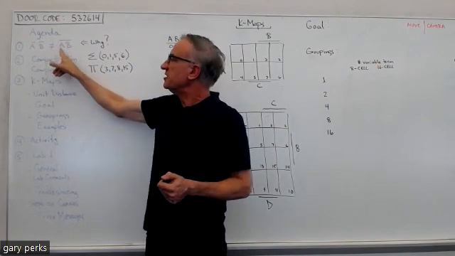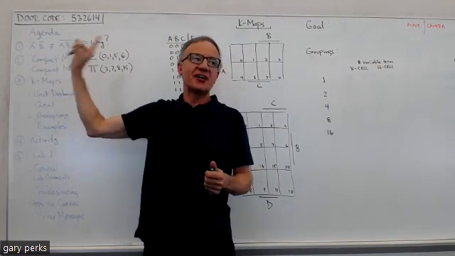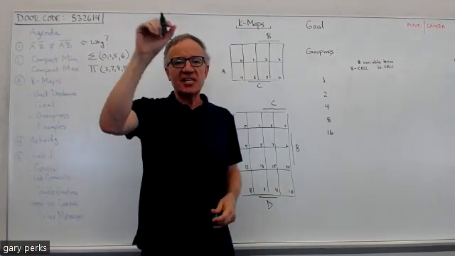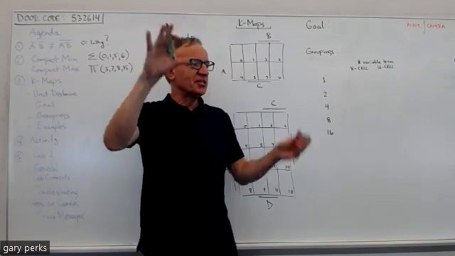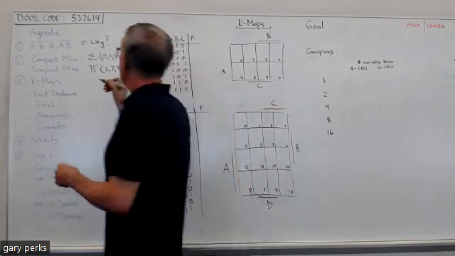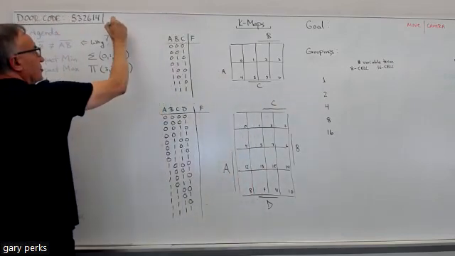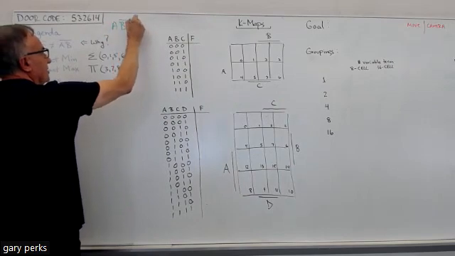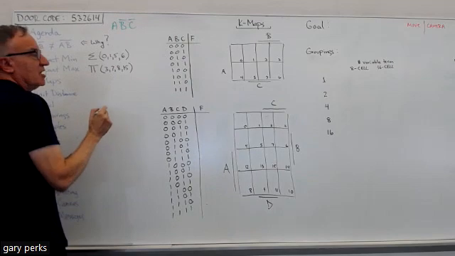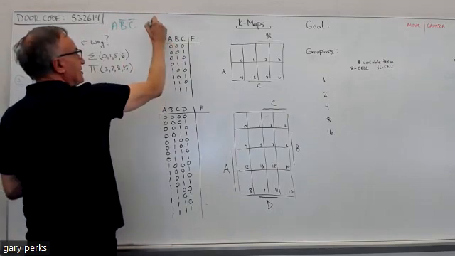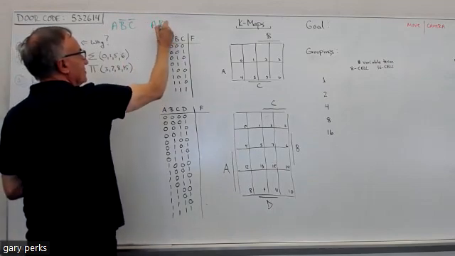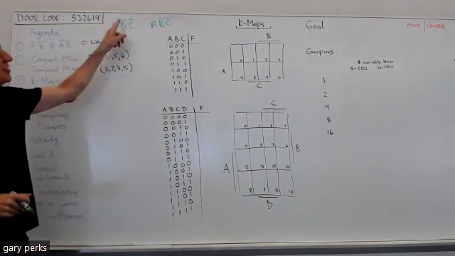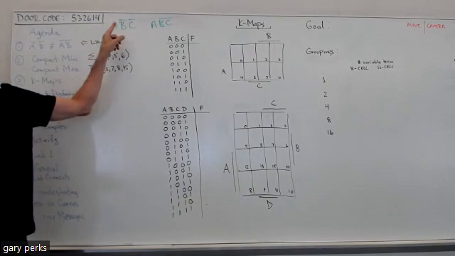The reason I mention this is because it is a common error. Say you're writing either an SOP or POS equation from a truth table, and say your term is A, not B, not C. An error that people make is they'll do this. Because these two NOTs are close together, sometimes they connect.